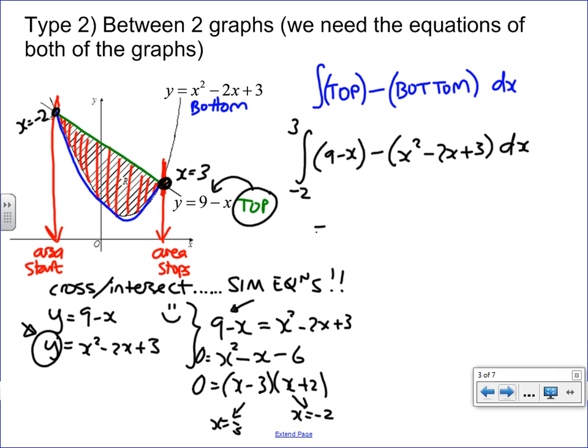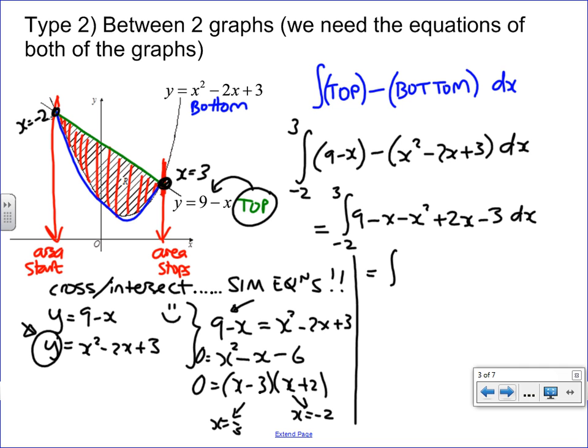Okay, so what we've got to do is minus 2 to 3. I've got 9 minus x squared, careful with the minus signs, which is the integral from minus 2 to 3 of minus x squared plus x, because of the minus x, and then plus 6.